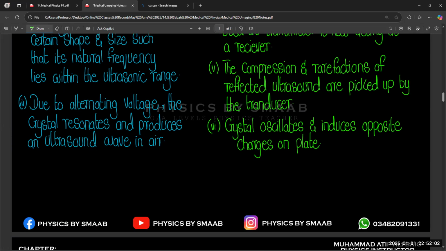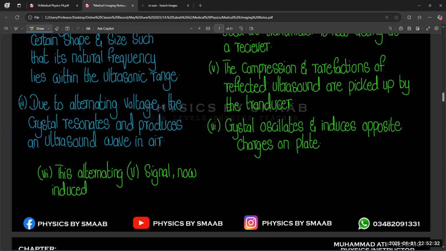And then the remaining two points. This induced alternating voltage signal is sent to the computer after amplification, because with the help of amplification we get a greater amplitude, so it will be easy to read the signals.